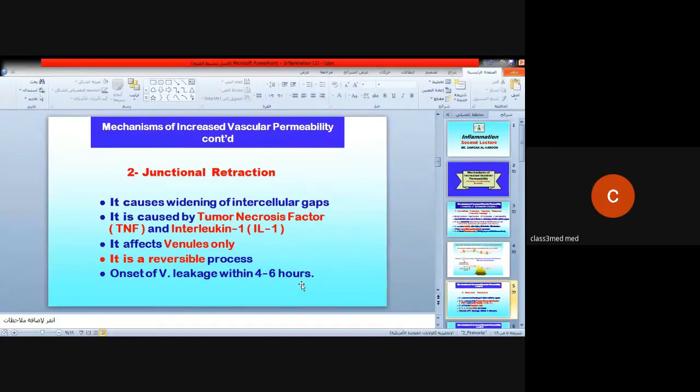The first mechanism begins immediately, while this mechanism takes time to occur, within 4 to 6 hours. Why? Because tumor necrosis factor and interleukin-1 need time to form.